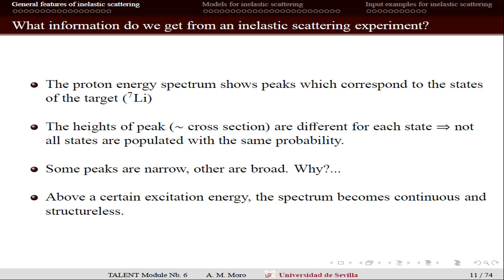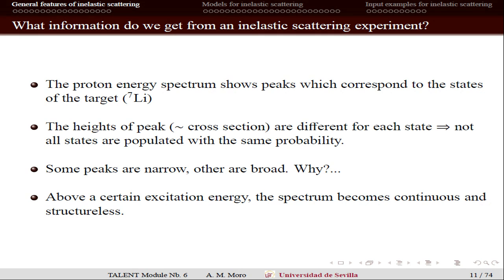Then the height of the peak is related to the cross section, after scaling this properly with the beam intensity, the density of the target, and so on. This peak height is different for each state. Just by looking at the spectrum, we don't know the reason for that, so then we have to develop a theory that tells us how big this peak is and what information we can get from this.